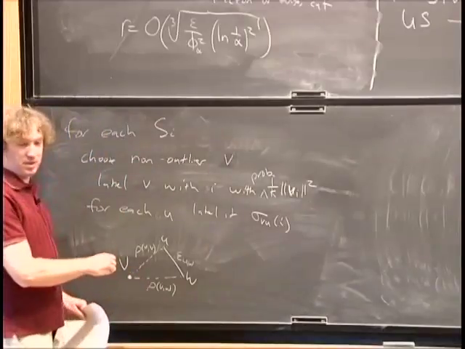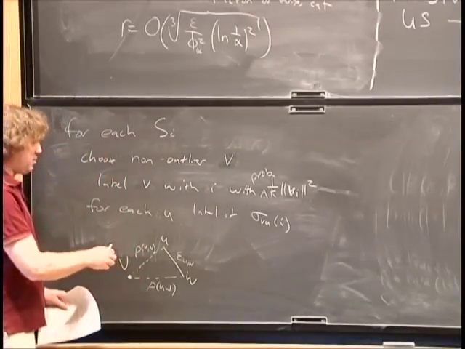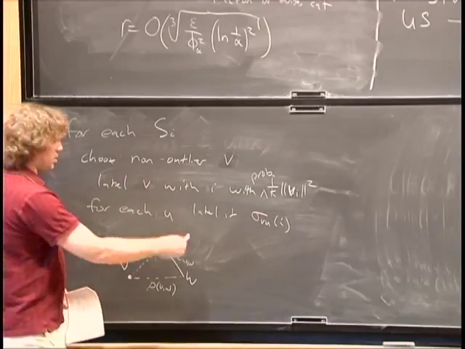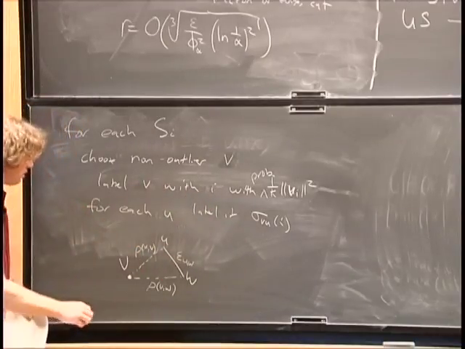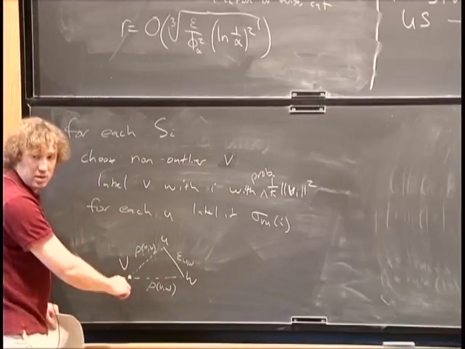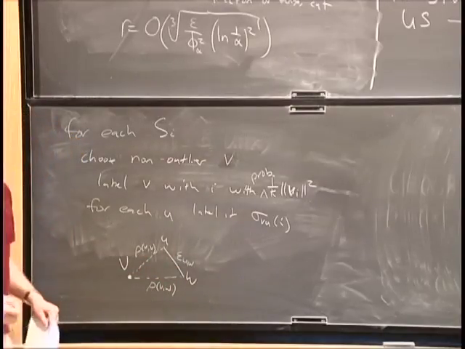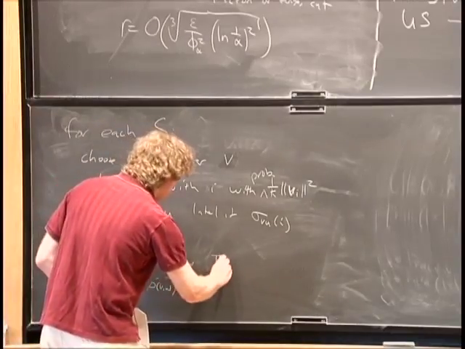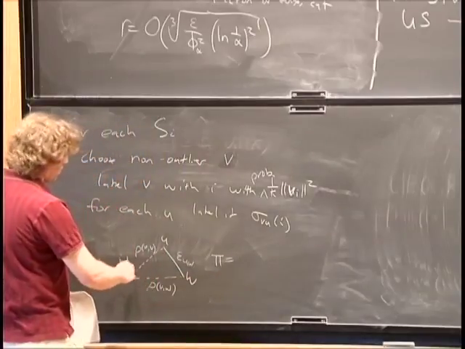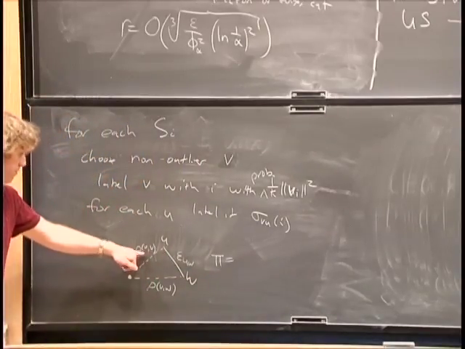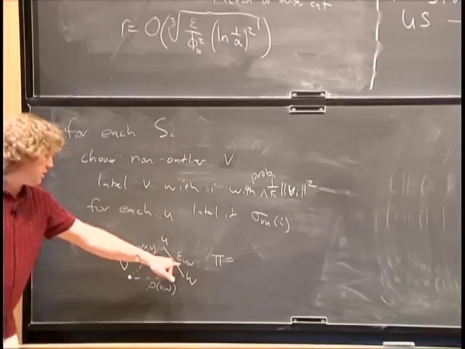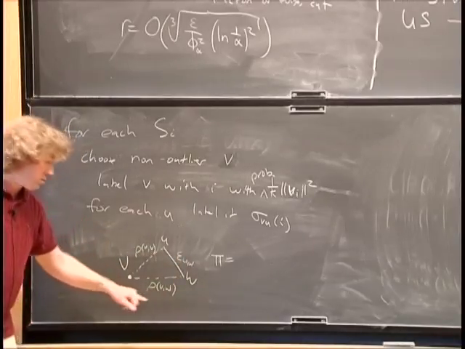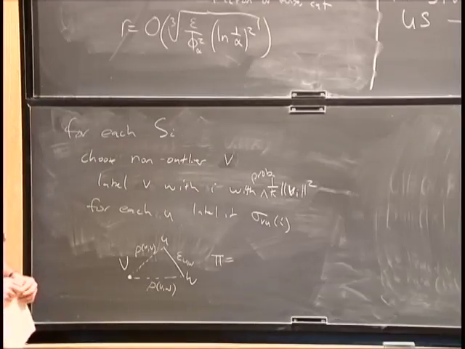Well, I claim that that's exactly the probability that we choose an I for label V such that the composition of the permutations around the triangle doesn't equal I. So we'll just call pi the composition of sigma UV and then pi UW and then sigma VW.